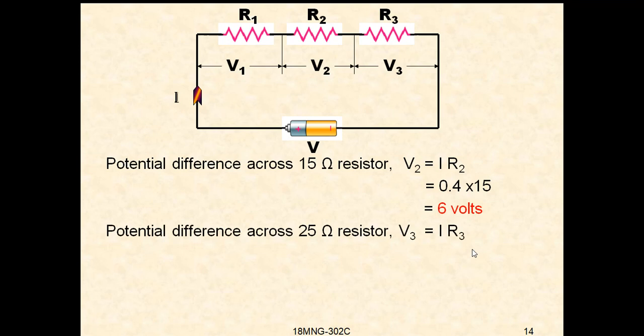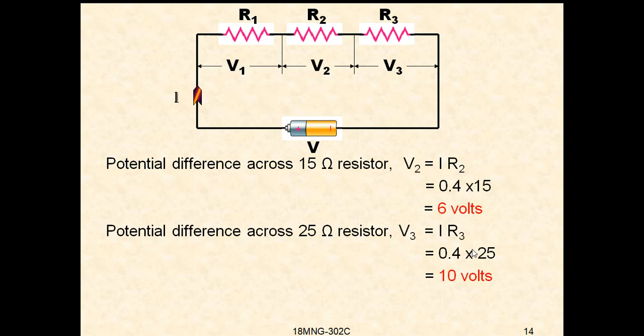and the potential difference across 25 ohm resistor is V3 is equal to I into R3, that is 0.4 into 25, which is equal to 10 volts.